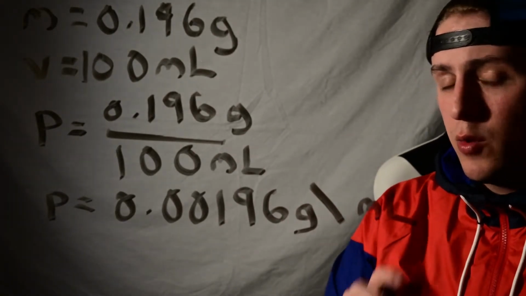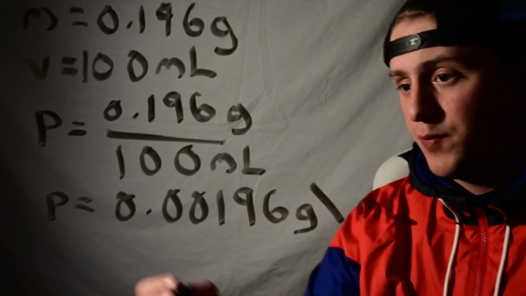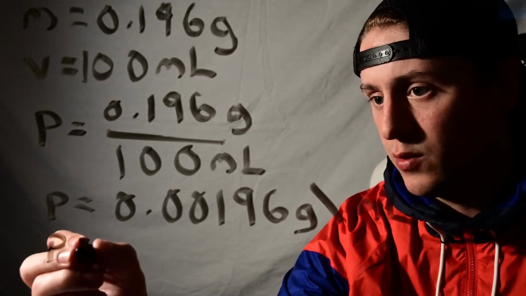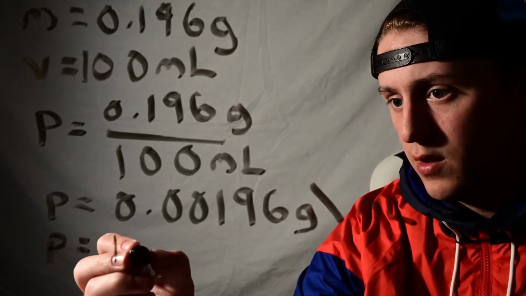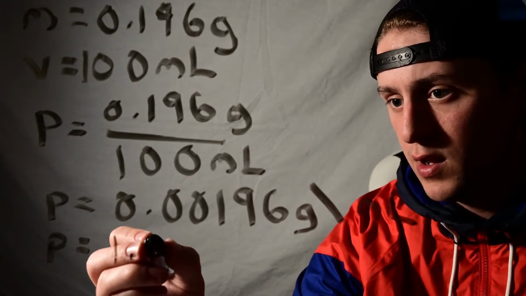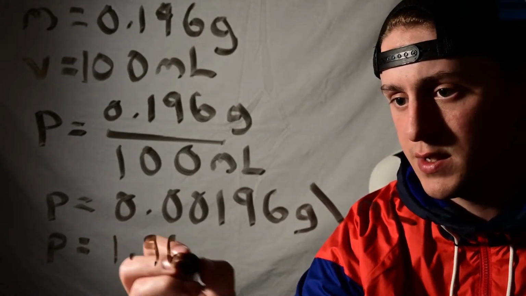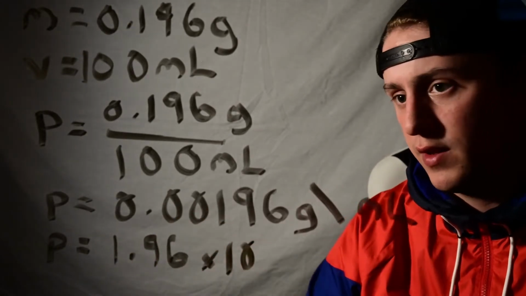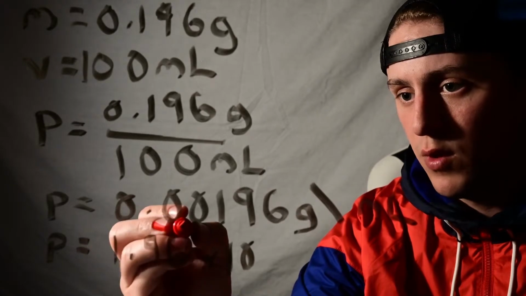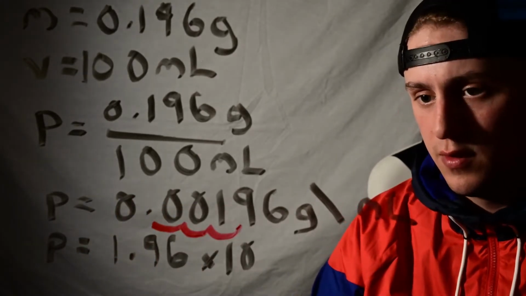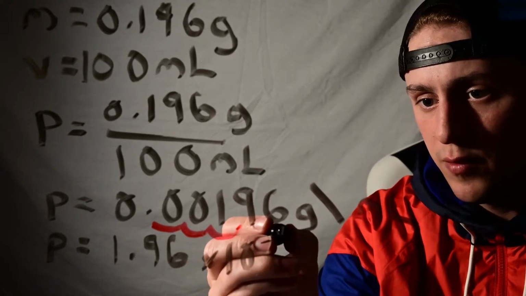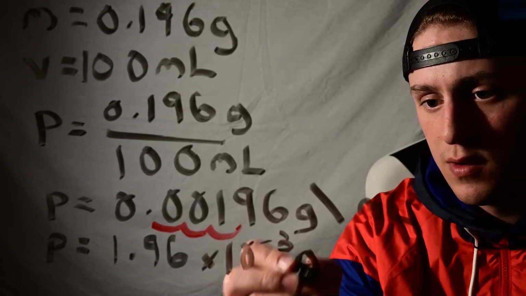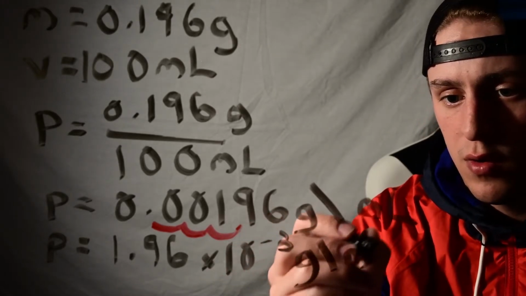Almost done. You have to remember to put this in scientific notation. So then our density is equal to 1.96 times 10 to the power of, let's see here, because we're still learning, 1, 2, 3, to the negative 3 grams per milliliter.